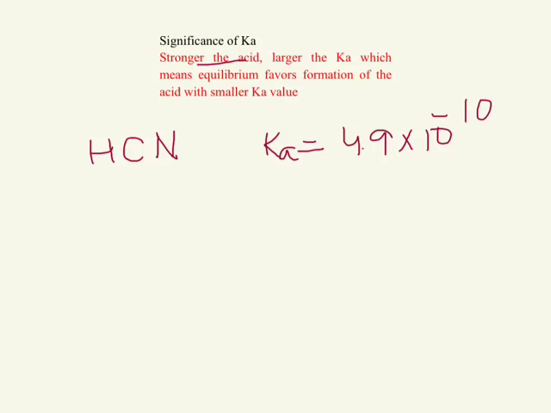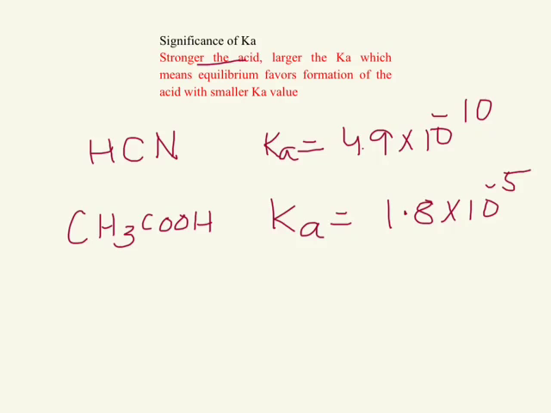Another acid, acetic acid, has a Ka value of 1.8 times 10 to the negative 5th. Which of these two is the larger value? This one.